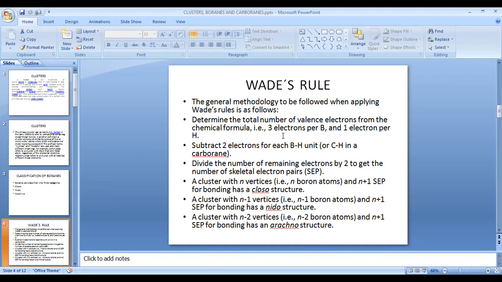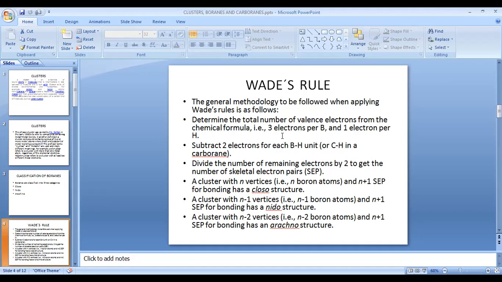Okay, so generally we consider unpaired valence electrons, that means single electrons. Here in boron, if you recall the atomic number, the boron atomic number is 5, and the electronic configuration is 1s2, 2s2, 2p1. The 1s2 electrons are inner electrons and the outermost shell is 2.